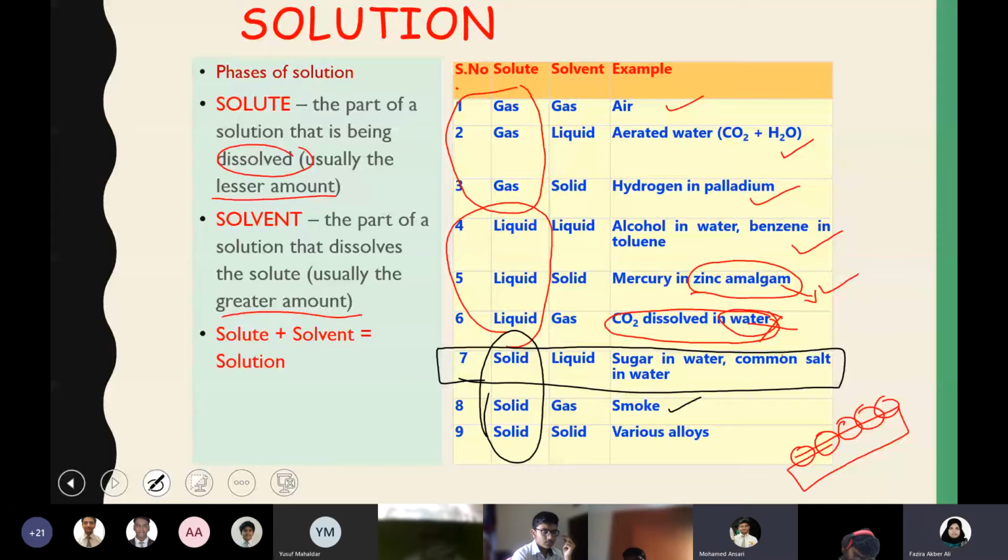Yes, ma'am. And the last and final example that we already discussed yesterday, where both solute and solvent are in the solid state, was about different types of alloys.